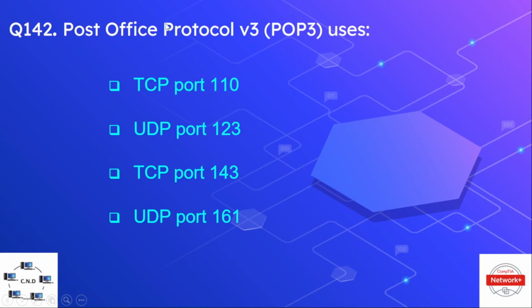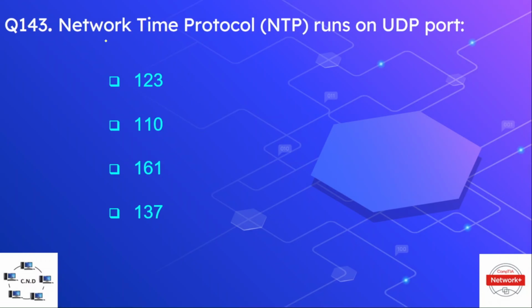Question number 142 is that Post Office Protocol V3 or POP3 uses, and the answer is already underlined, that is port 110. So the POP3 uses port 110. Network Time Protocol or NTP runs on UDP port, and options are 123, 110, 161 or 137. And the correct option is 123.